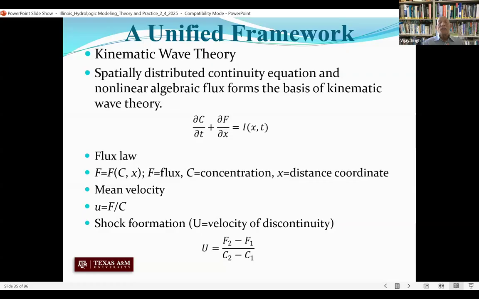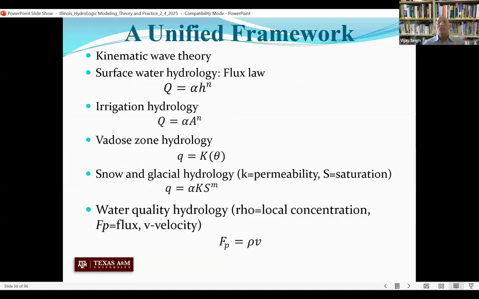Basically the wave theory essentially prescribes a function between C and F. And then there is a law of shock formation, which describes the shock velocity, which is equal to the ratio of the difference between the flux before the shock and after the shock, divided by the difference in concentration before and after the shock. The concentration of flow in this case will be nothing but depth.